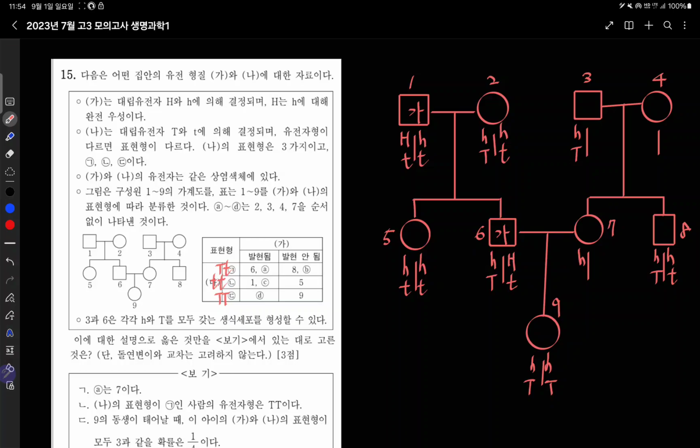That means B is individual number 2. No first trait and heterozygous for the second trait. And for the remaining 3 people, 3, 4, and 7, they all have the first trait expressed. And that means they should have at least one capital H allele.